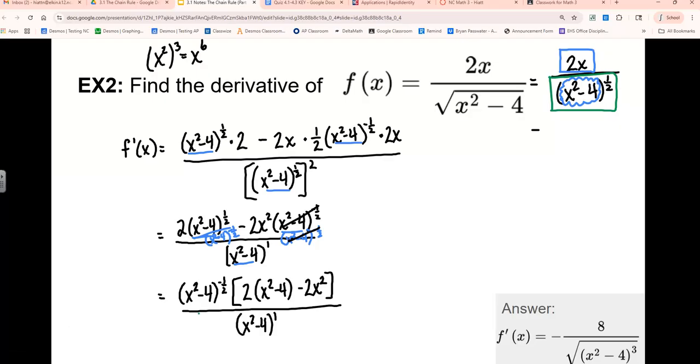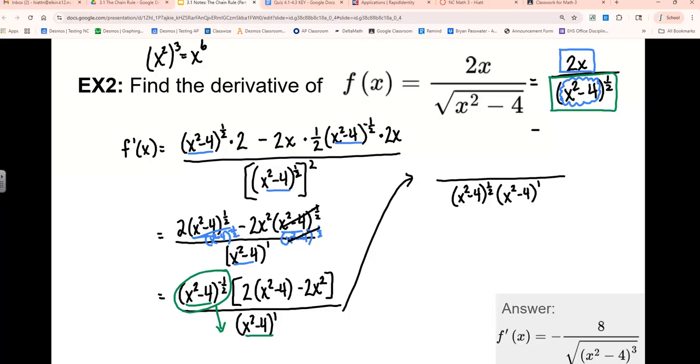But because this and this match, and I've got a negative exponent here, I can take this and send it back down to the bottom. And if I do that, it becomes positive. So like, let's go over here. In my denominator now, I would have x squared minus 4 to the 1/2 power times x squared minus 4 to the 1st power.